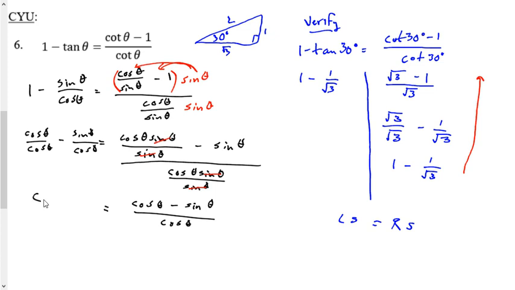Which will give me cos theta minus sine theta all over that common denominator of cos theta. And now I have, again, left side equals right side.